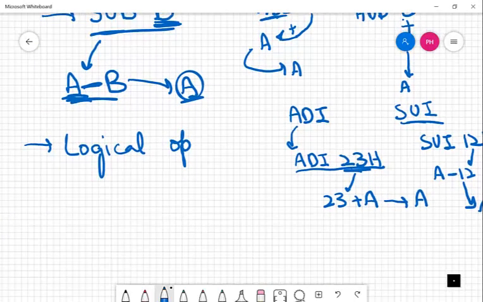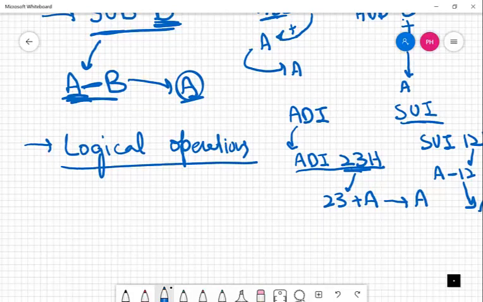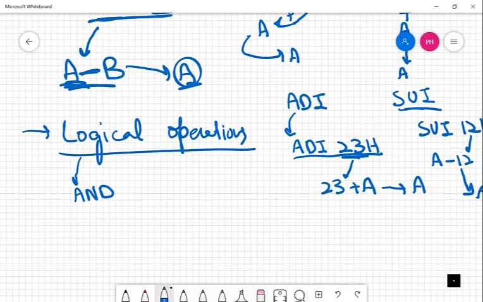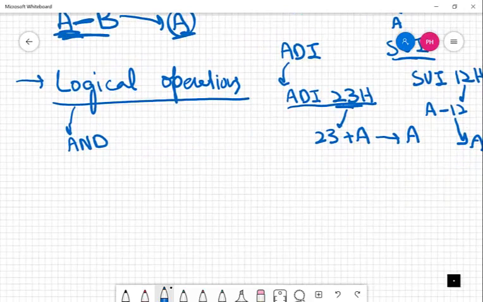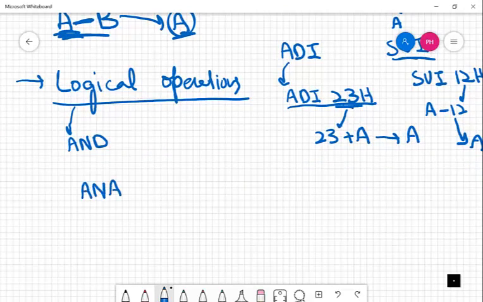So now logical operations. An example of logical operation is AND. And the opcode here is ANA. In fact, here also we have two different ANDs: AND accumulator, and then we have ANI, AND immediate.